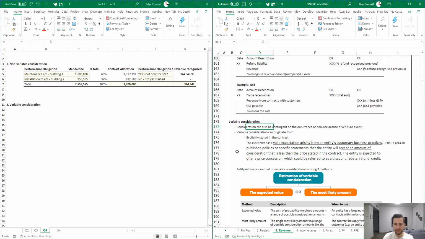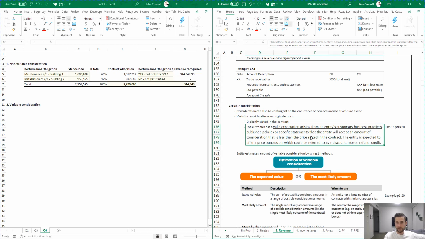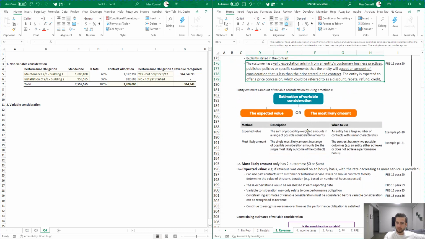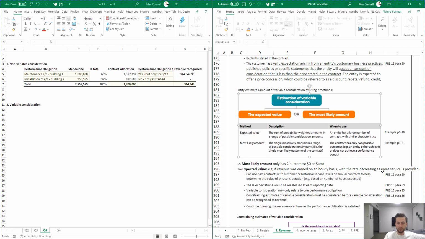It says consideration can also be contingent on the occurrence or non-occurrence of a future event. So variable consideration can originate from being explicitly stated in the contract, the customer having a valid expectation, etc. The entity needs to estimate the amount of variable consideration using one of two methods: number one is the expected value method, or number two is the most likely amount.